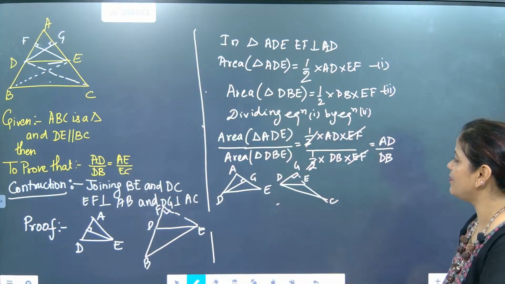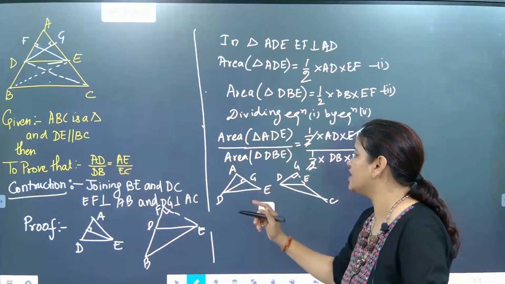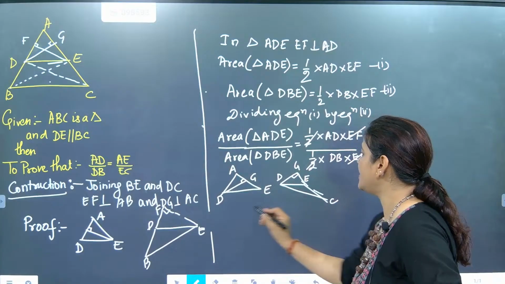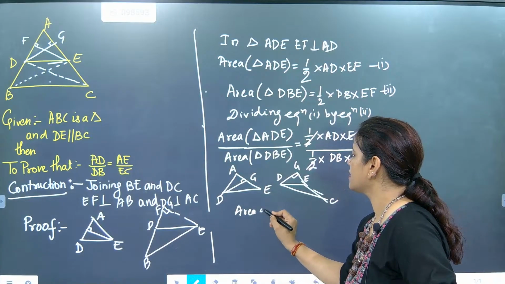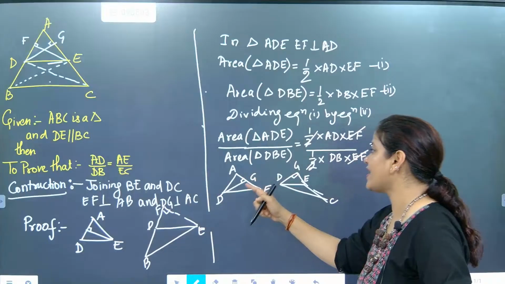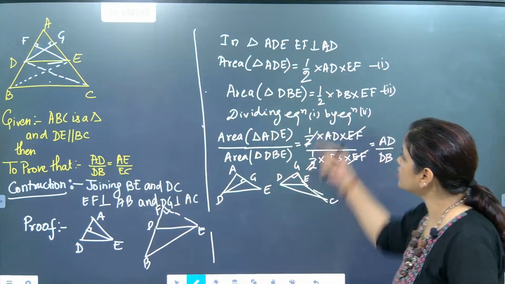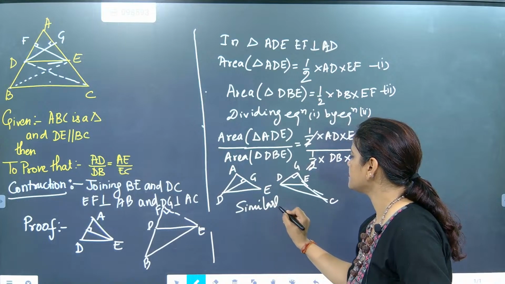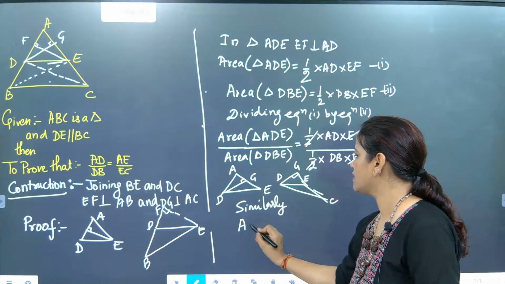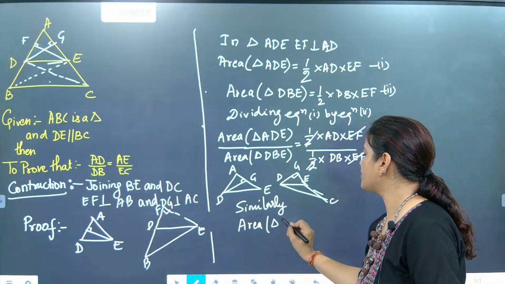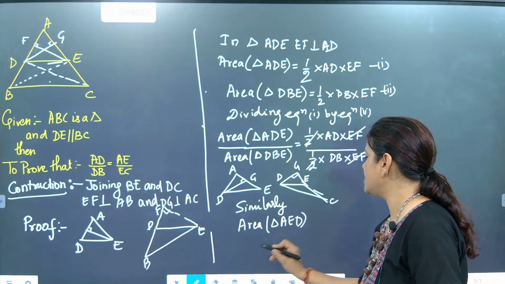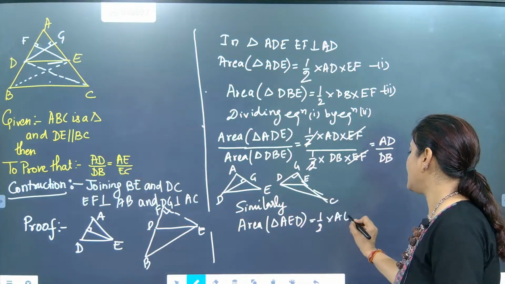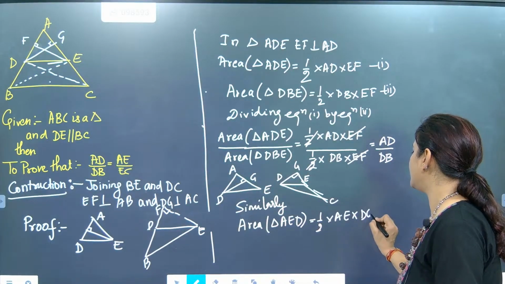This concept is going to help you. Now beta, again, what is the area of triangle AED? Area of triangle ADE. So directly can we write area of triangle this by this? Correct, na? Because the first part we have written. So similarly, area of triangle AED is equal to half, base is AE, perpendicular is DG.